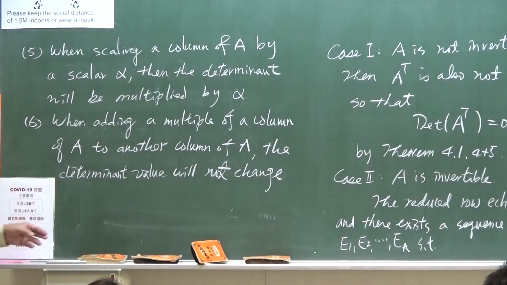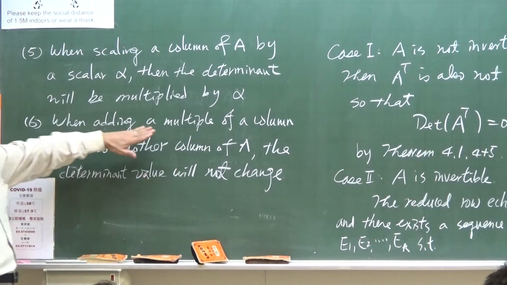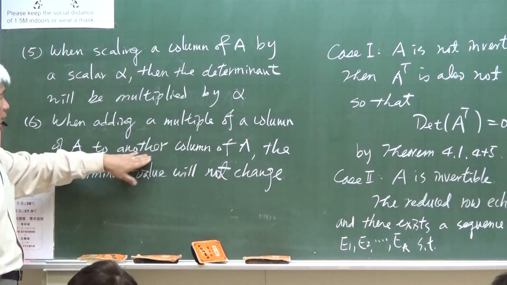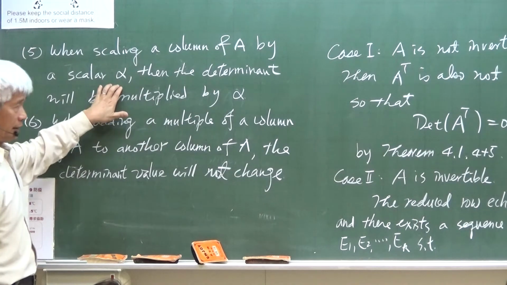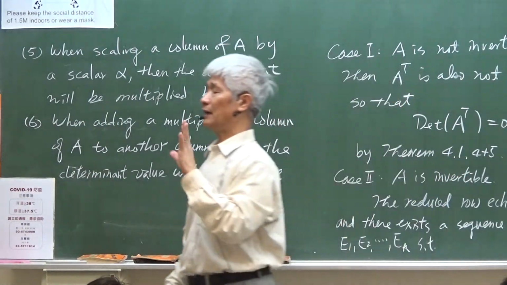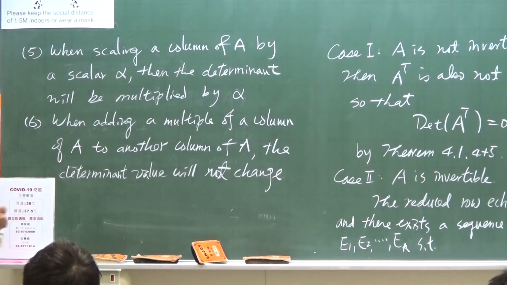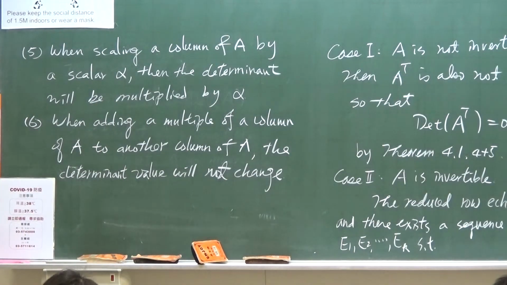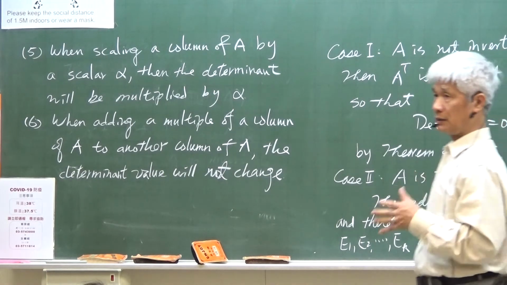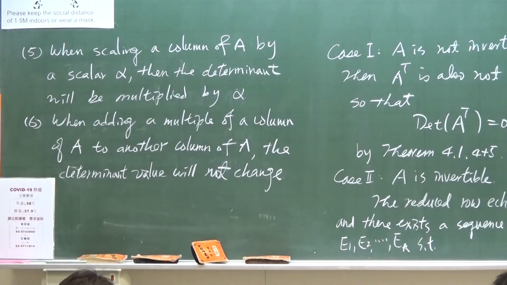Okay. So, adding a multiple of a column of A to another column of A, scaling a column of A, swapping two columns, they are called elementary column operations, corresponding to elementary row operations. Now, when we do the elementary column operations, the effect will be the same as when we do the elementary row operations on the determinant value.